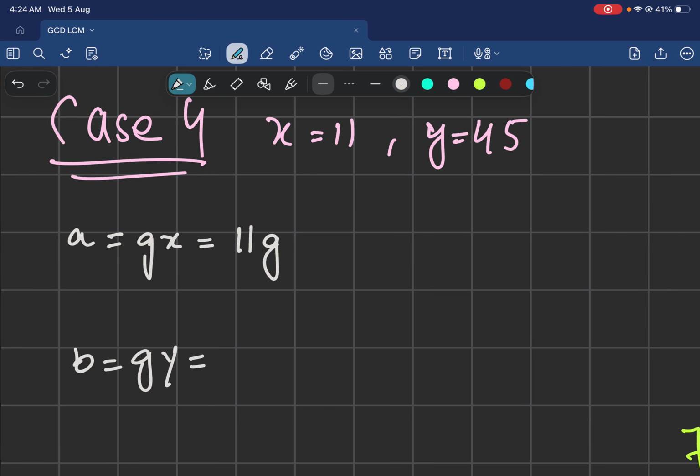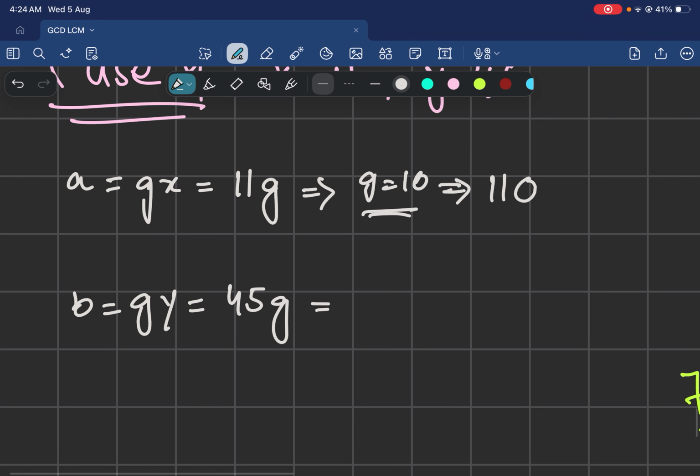And the value of b is g times y, so 45g. The minimum value of g that I have to take is 10, since 11 times 9 is 99. This would be 110, my first value of a, for g of 10.